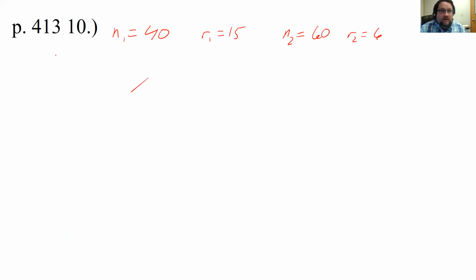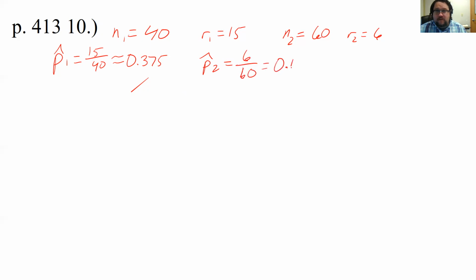Let's go ahead and figure out p hat 1. So again, a reminder how we calculate that is you take the number of successes, divide by the trials. 15 divided by 40 is 0.375, our probability of success, and our p hat 2 is again 6 divided by 60. That's 10%, so 0.10.